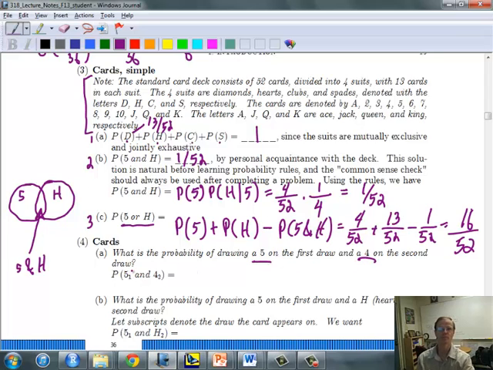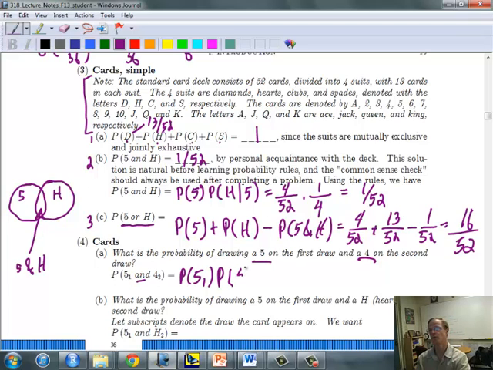Okay, last up. What's the probability of drawing a 5 on the first draw and a 4 on the second draw? So now we're considering 2 card cases. So this is not the simple case, it's 2 draws, and we assume no replacement. So 5 on the first, it's an and, which means we multiply.